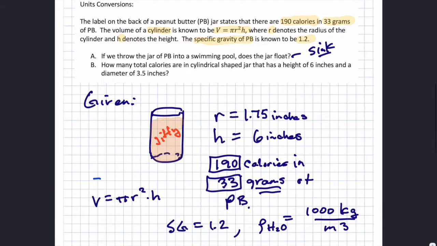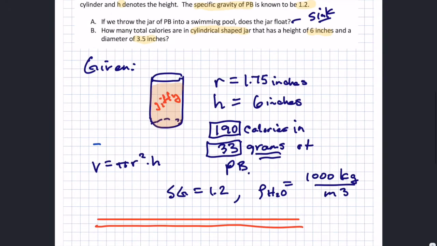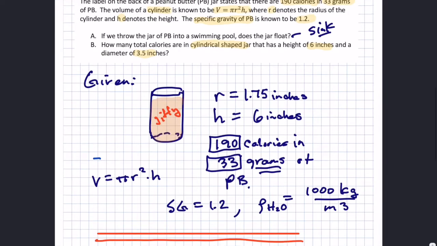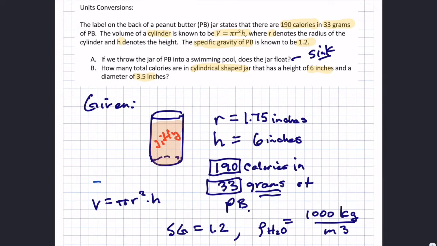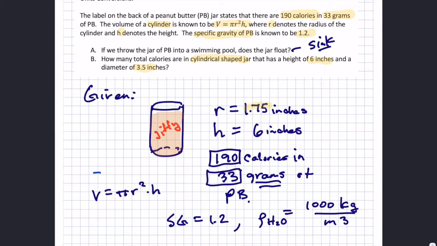Okay, next, how many total calories are in the cylindrically shaped jar that has a height of 6 inches and a diameter of 3.5 inches? I've already written out the givens. We were given the diameter, so I divided that by 2, and I got 1.75 inches for the radius.